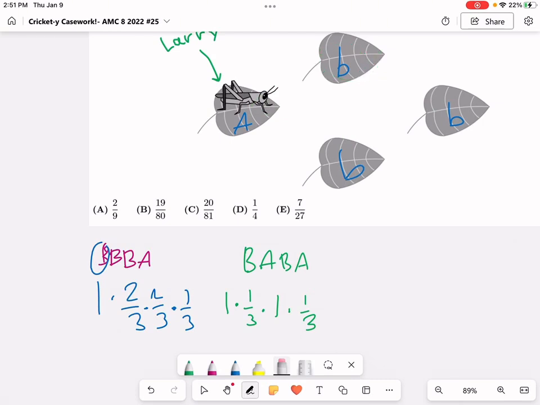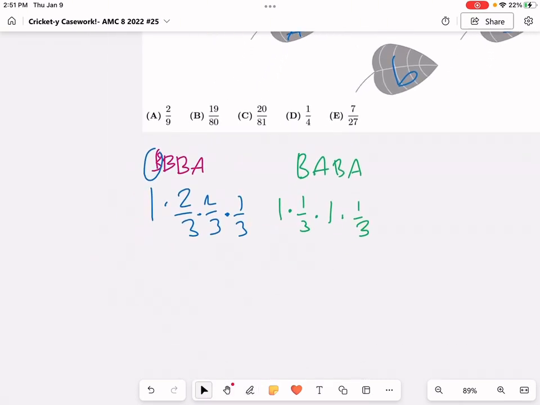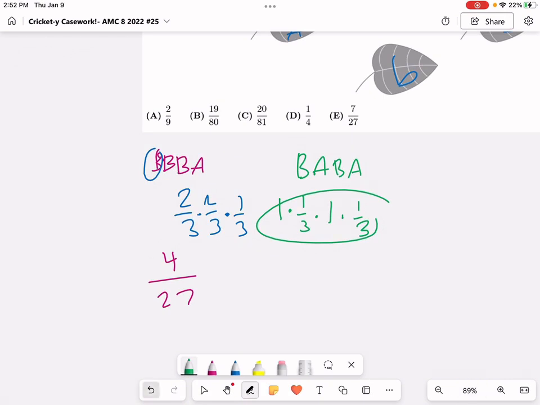Okay, so now let's evaluate these. We can disregard the 1 here pretty much, so that doesn't matter. Let's just erase that. So 2/3 times 2/3 times 1/3, that's going to be 2 times 2 times 1, so 4 over 3 cubed, which is 27. Next, we're going to do this one. We can cross out the ones. Just 1/3 times 1/3, which is 1/9.